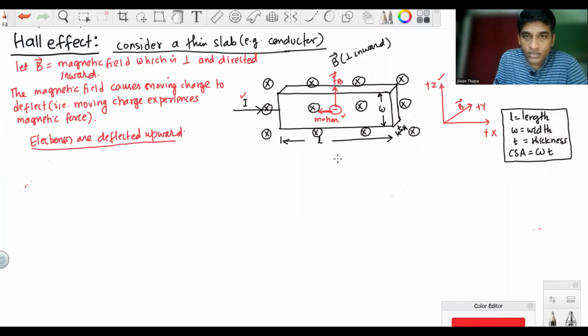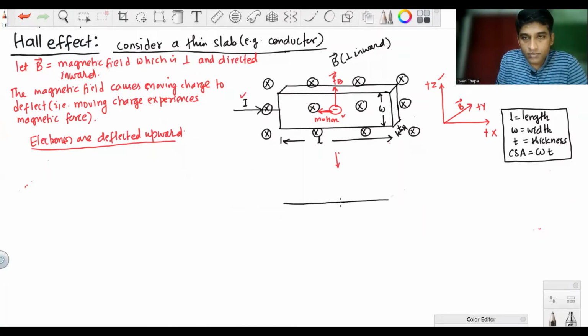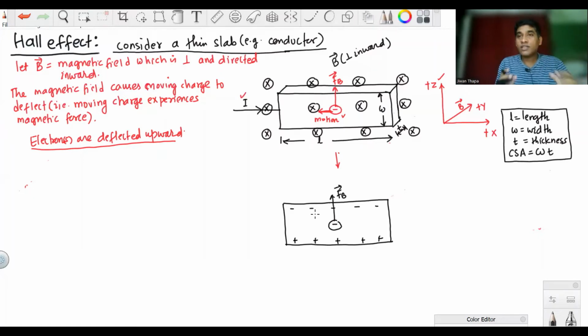So I'm redrawing this figure over here. So electrons are deflected upward, due to which the upper side of the slab becomes negative and the lower side of the slab becomes positive.